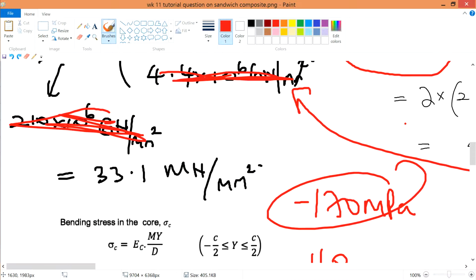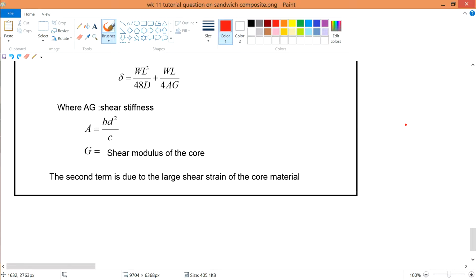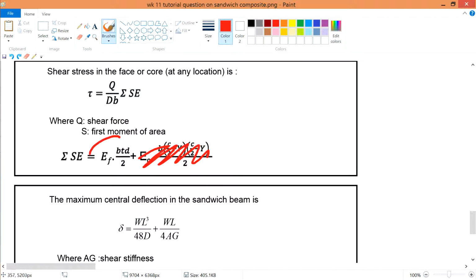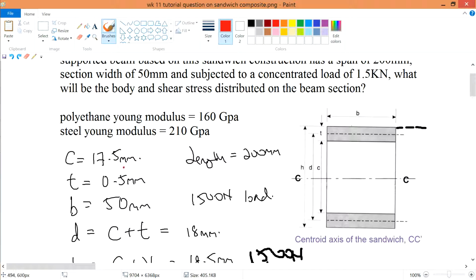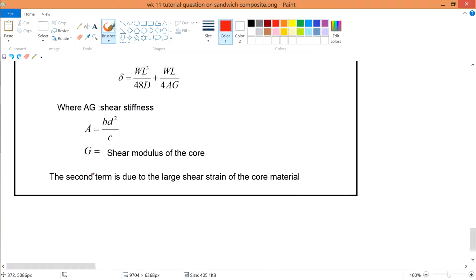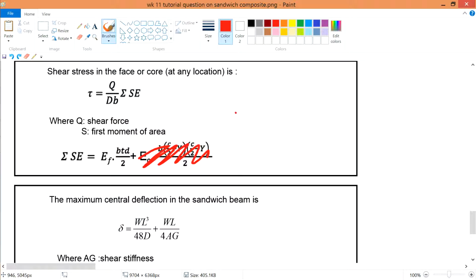So the shear stress of this face is just straight away using this equation. B T D is just the one that we have derived quite easily just now in the first part of the video. Let's see whether we are right if we calculate it.